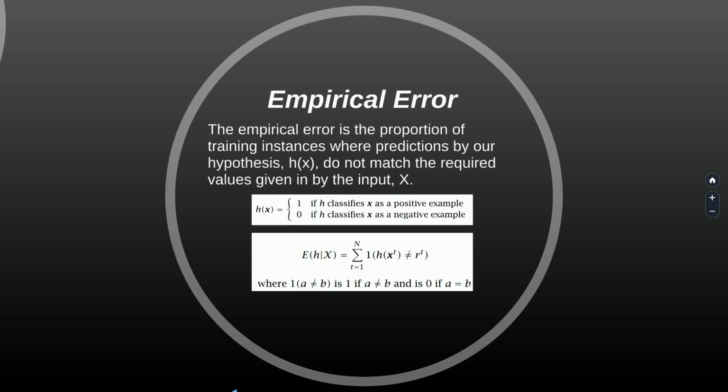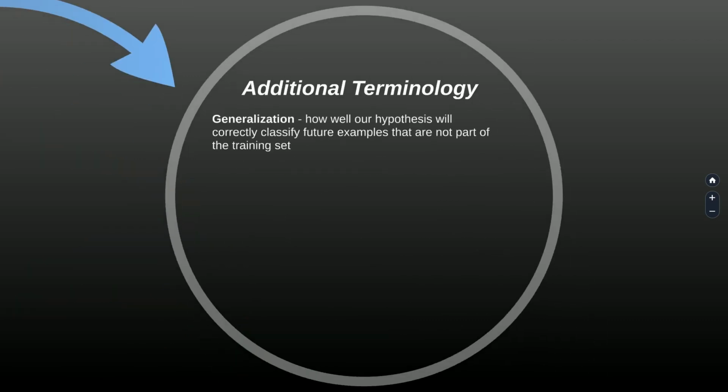So moving on from empirical error, the next step would be to actually use our algorithm, and that is going to bring in the concept of generalization: how well our hypothesis will correctly classify future examples. Because we don't care if the algorithm does very well on the training set if we're not able to use it in the future on unknown data points.